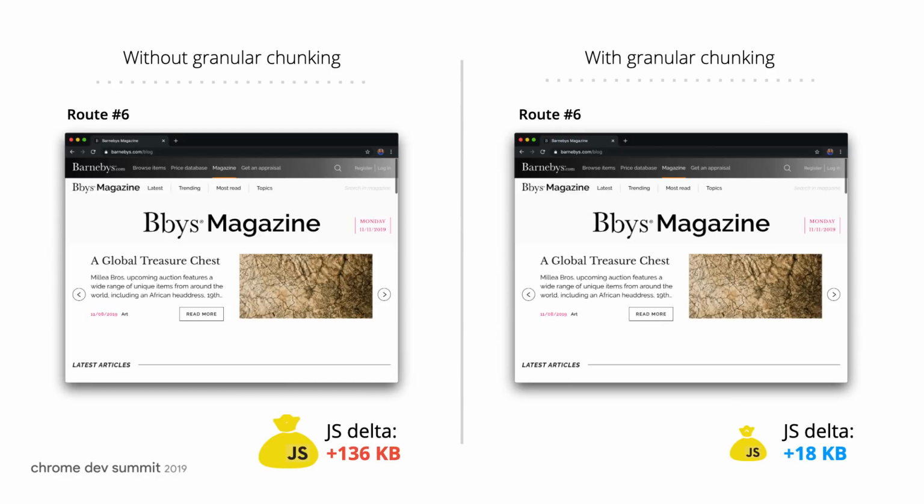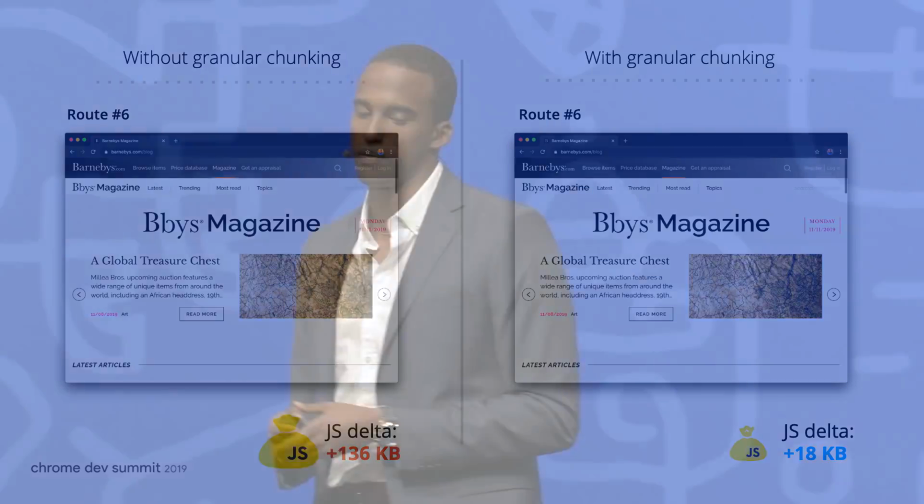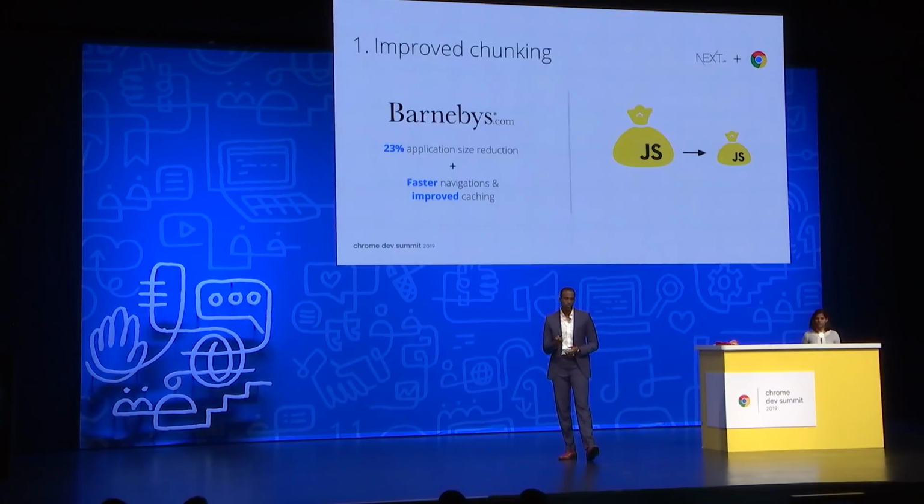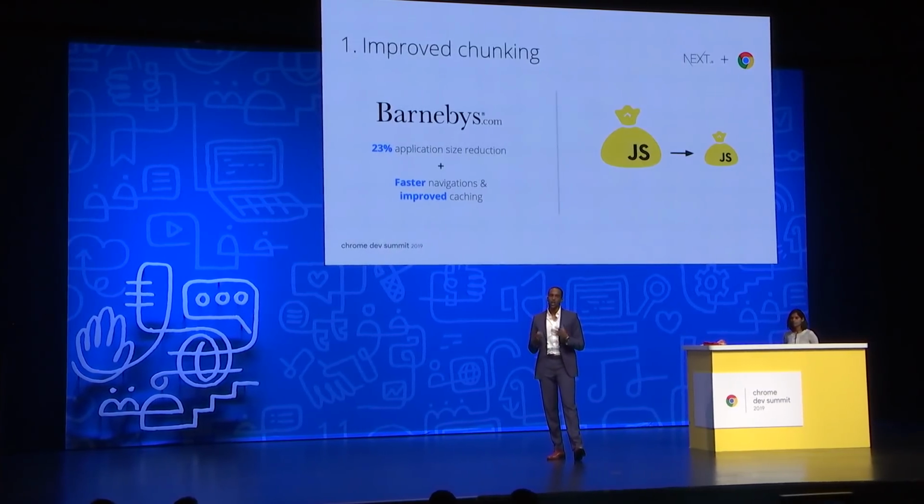You can see that after navigating through 6 pages, the difference in the amount of JavaScript code fetched was substantial. Over 100 kilobytes of duplicate code was shaved using a better and more nuanced chunking strategy. With Barnabys.com, a 23% app size reduction was noticed, with much faster navigations and improved caching.